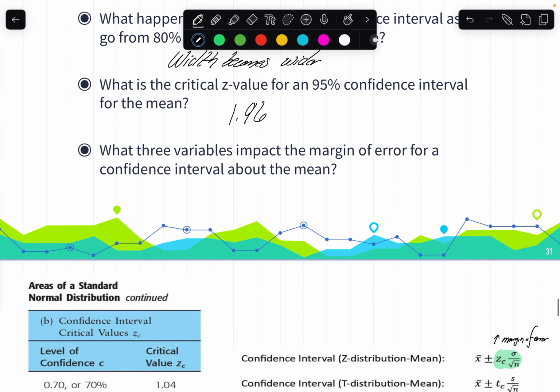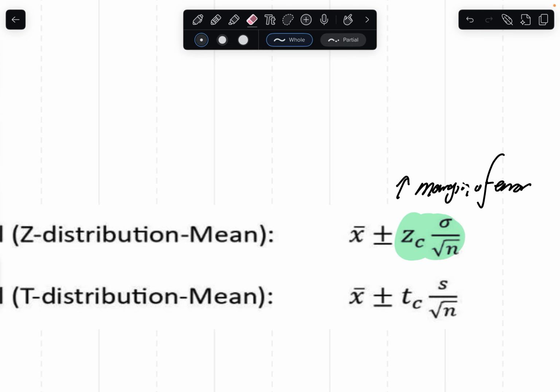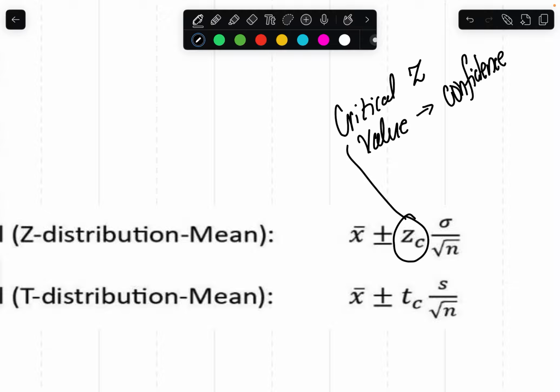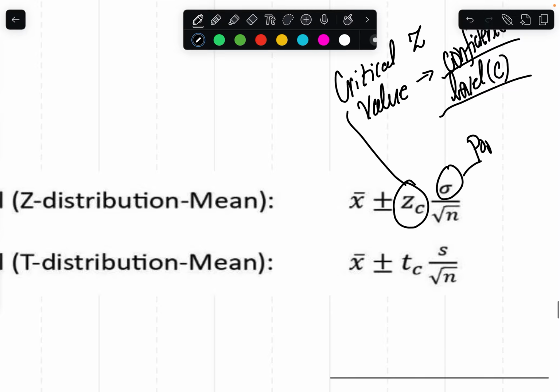What 3 values impact the margin of error for a confidence interval about the mean? That's going to be these 3 here. Okay, so you got your critical z-value. This can also be related to your confidence level, which is denoted as your variable c, your population standard deviation, and your sample size.